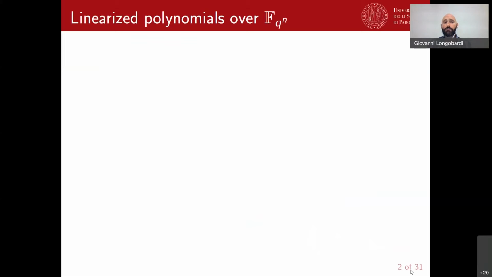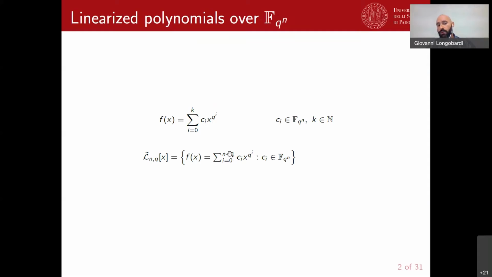First of all, I will introduce the linearized polynomials over a finite field of order q^n. They are polynomials of this shape, only with the q powers of x. They are also called the q-polynomials over the finite field of order q^n.